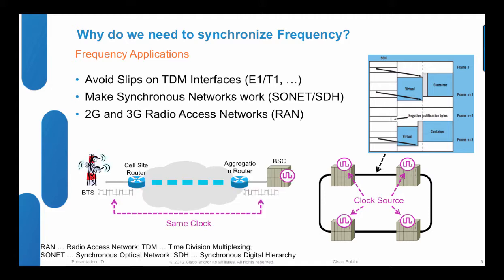This illustrates what we're trying to do. Over here we have the reference clock to the base station, and the aggregation router is sending synchronous Ethernet over to the cell site router, and the timing is the same.